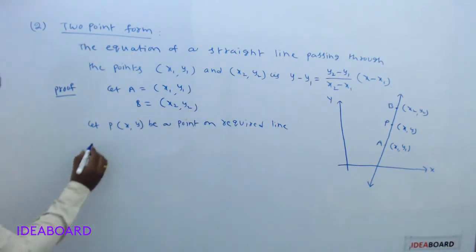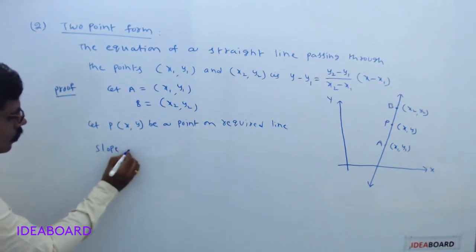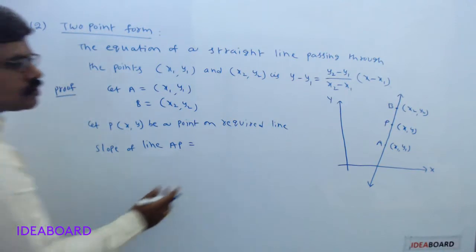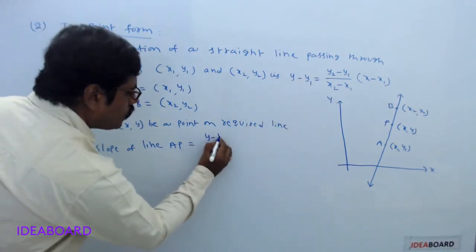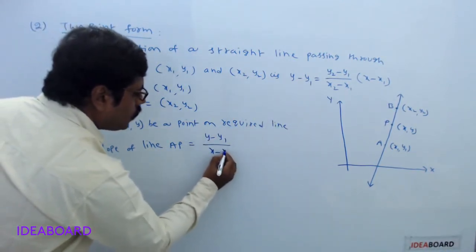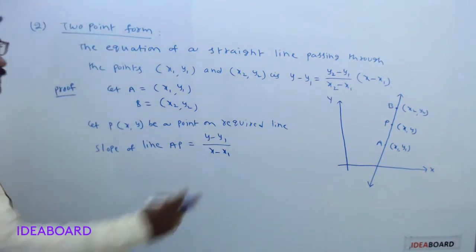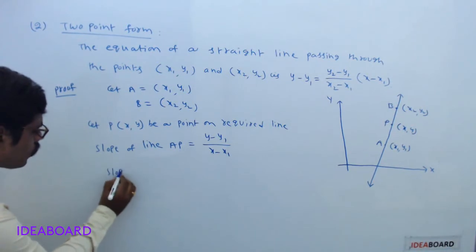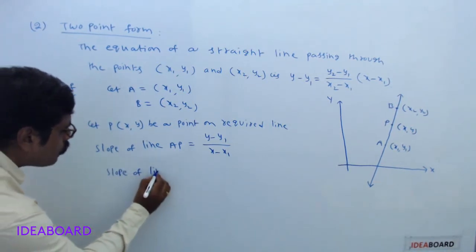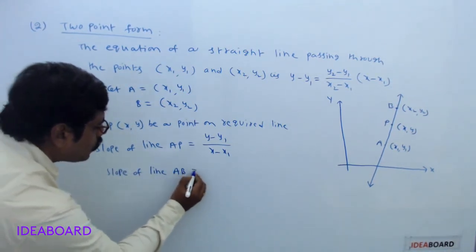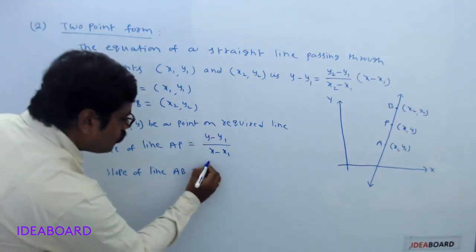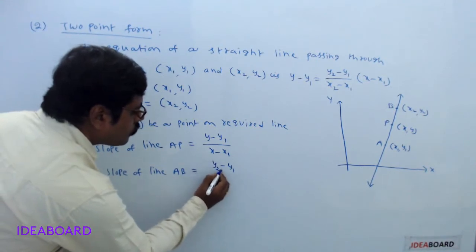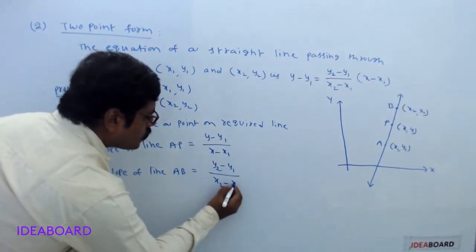So what is the slope of line AP? Slope of line AP equals y minus y1 divided by x minus x1. Next, write down the slope of line AB. Slope of line AB equals y2 minus y1 divided by x2 minus x1.